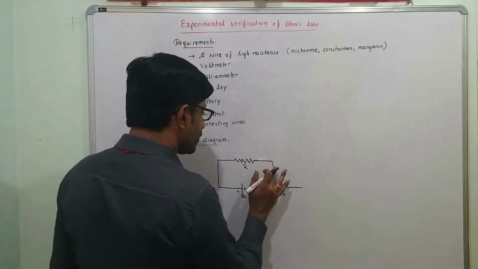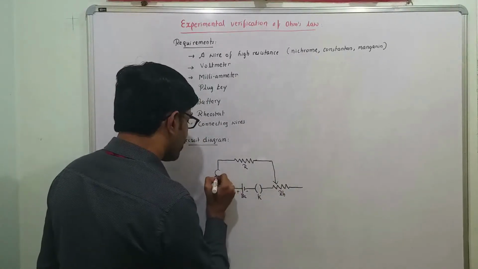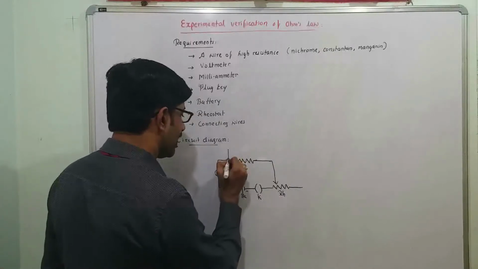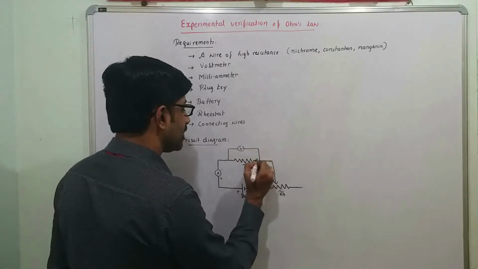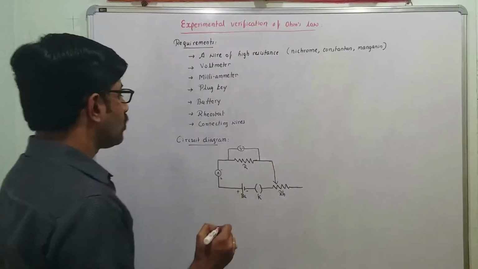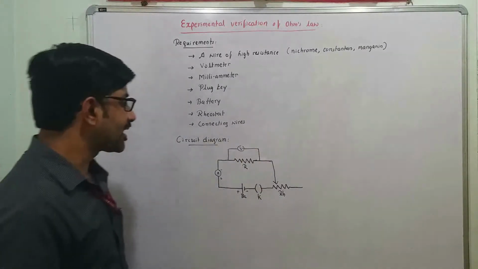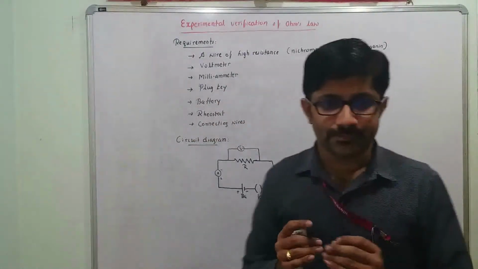In between we are using an ammeter with plus and minus, and a voltmeter across the resistance wire. So this is the circuit diagram for verifying Ohm's law.